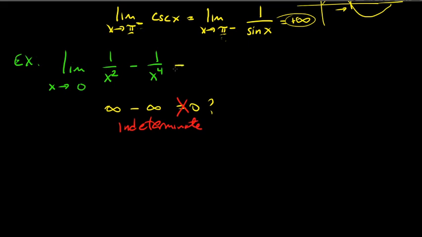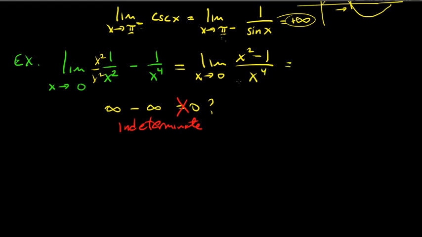So how can we calculate this limit? Is it really 0? Well, in this case, I think it is. So let's simplify this. If we get a common denominator, this just becomes x squared minus 1 all over x to the 4th.